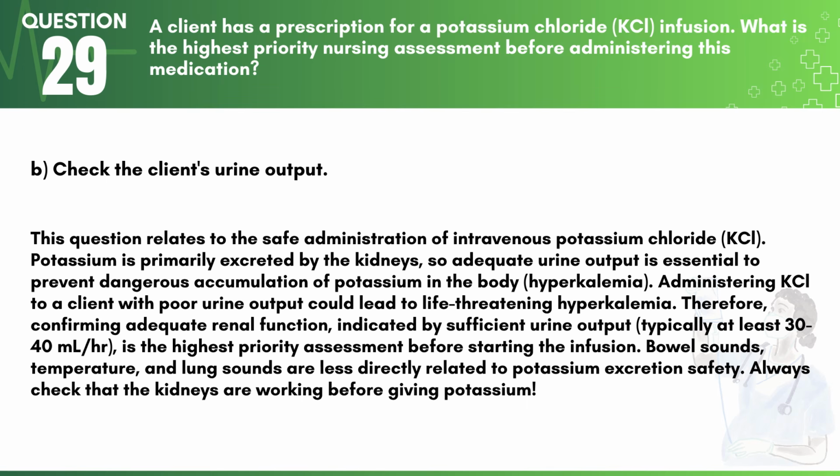Therefore, confirming adequate renal function, indicated by sufficient urine output, typically at least 30 to 40 ml/hr, is the highest priority assessment before starting the infusion. Bowel sounds, temperature, and lung sounds are less directly related to potassium excretion safety. Always check that the kidneys are working before giving potassium.